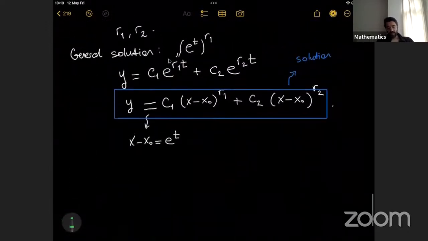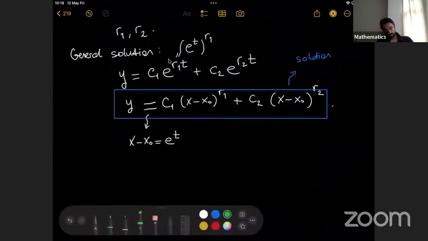Well, in that case, we will get a general solution with the negative of this. So that's why we need to consider the absolute value, but we will talk about this later, okay?